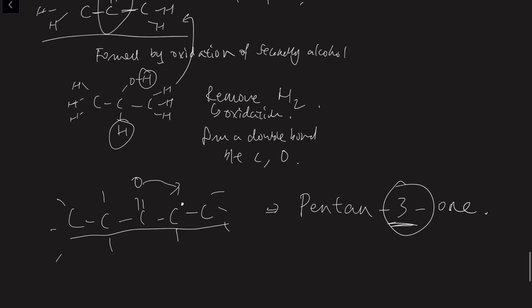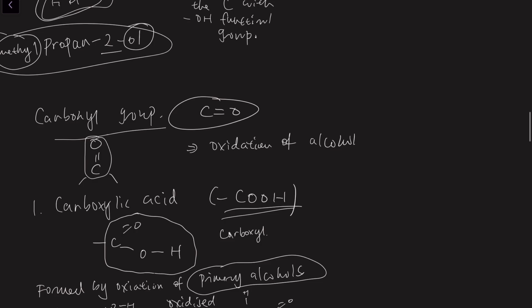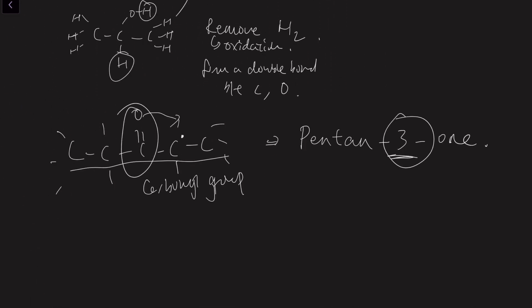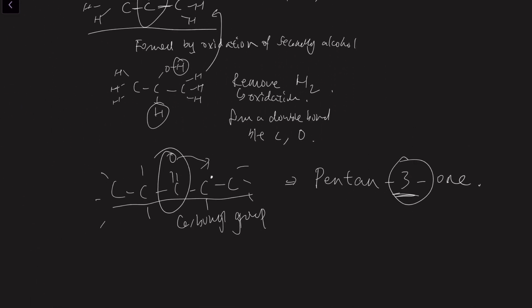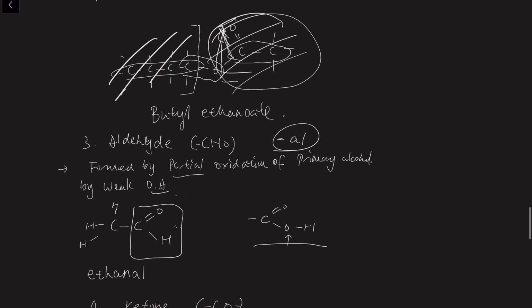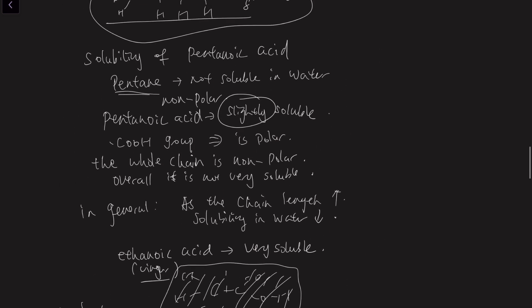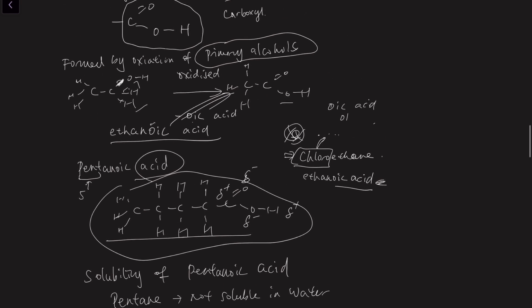And the name of this functional group, as we discussed earlier in this video, is the carbonyl group. So really, if you think about it, the ketone, aldehyde, ester and carboxylic acid are all derived from alcohol. They are all obtained from the oxidation of alcohol, as well as the reaction with alcohol in the case of ester. So that's why alcohol is really a very important chemical species.